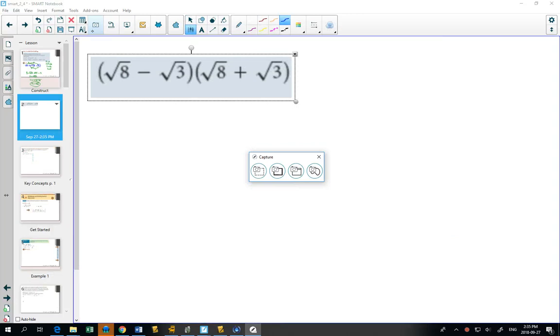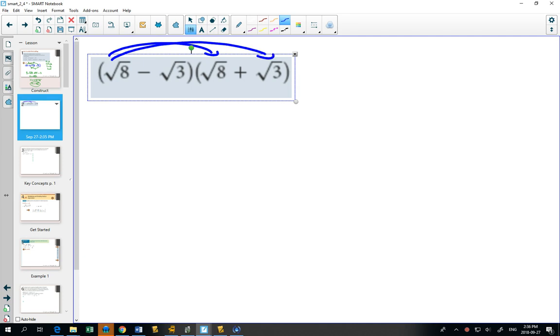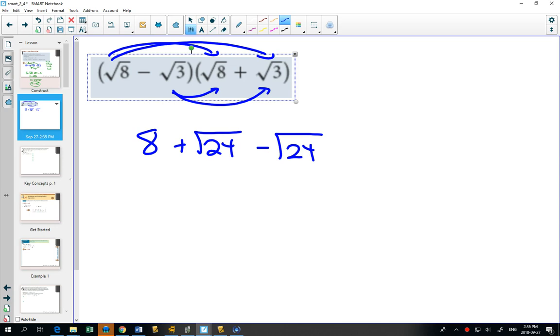So again, if I FOIL this one out, those ones, those ones, those ones, and those ones. Root 8 times root 8 is 8. Root 8 times root 3 plus root 24. Negative root 3 times root 8. And negative root 3 times positive root 3.